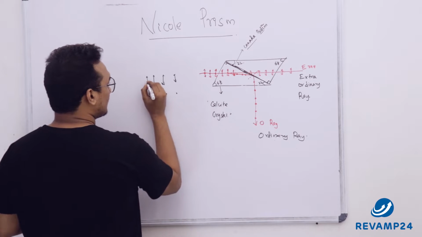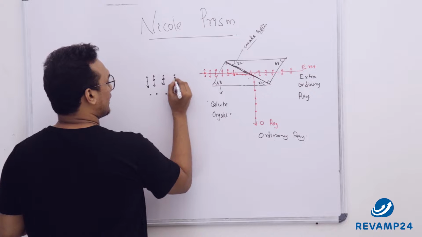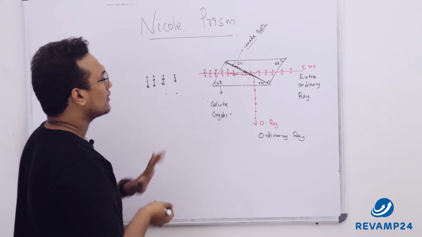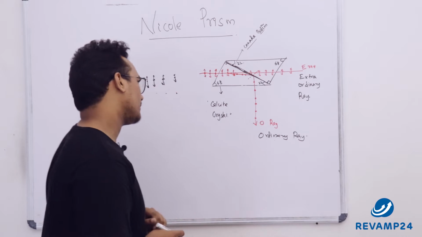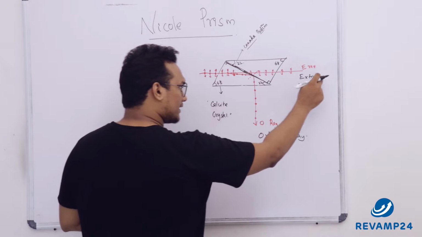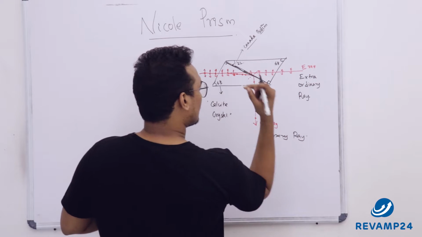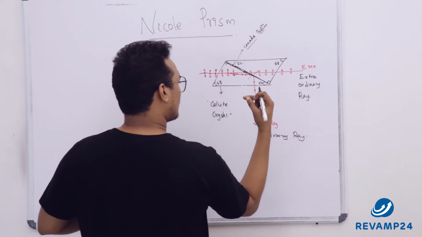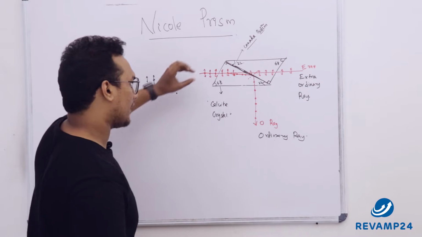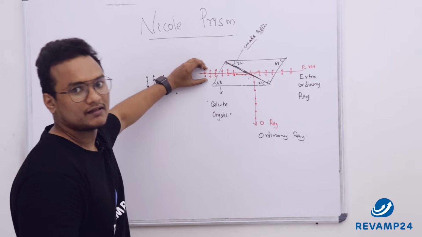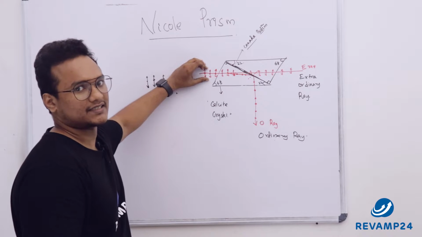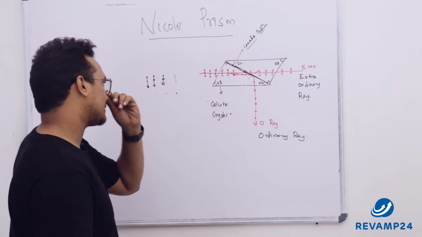Initially the extraordinary ray and ordinary ray are together because this is unpolarized light. But the extraordinary ray, which has oscillations in this way, and the ordinary ray, which has oscillations towards me and away from me, will have different angles of refraction on passing through the calcite crystal.